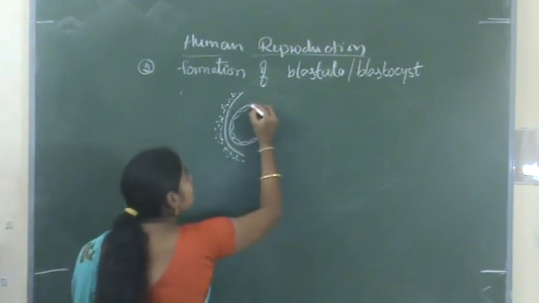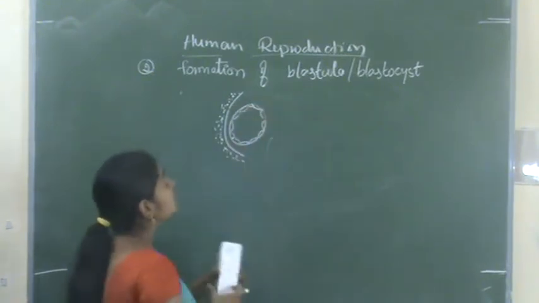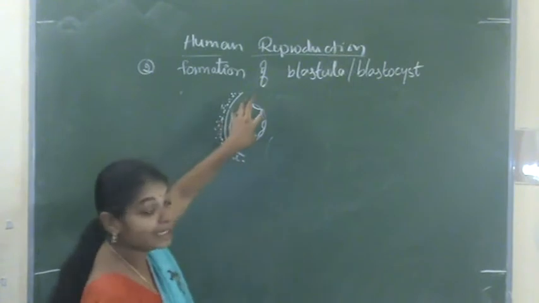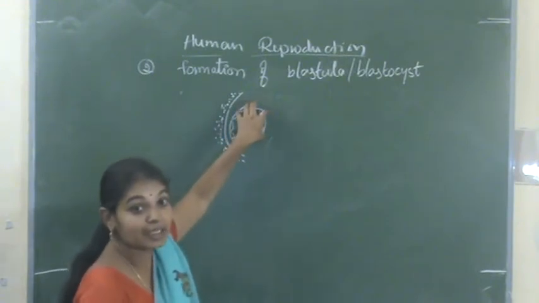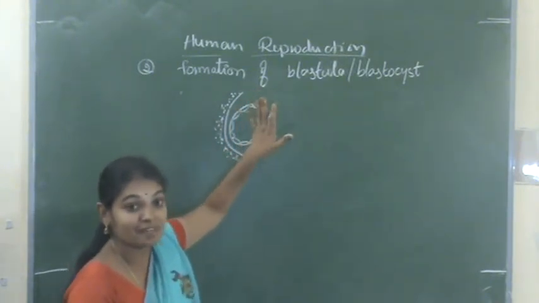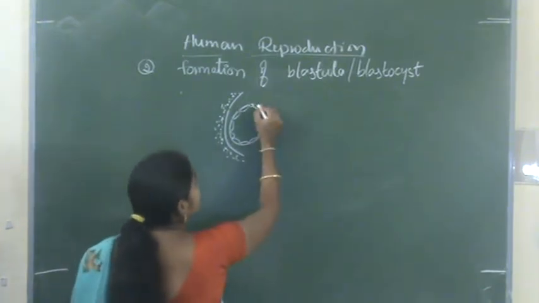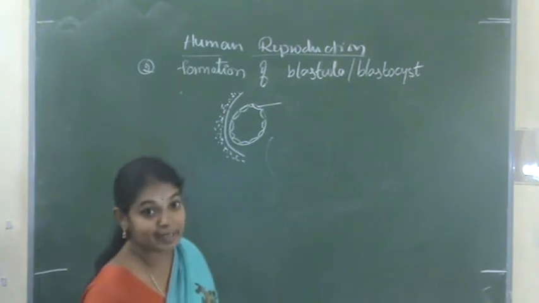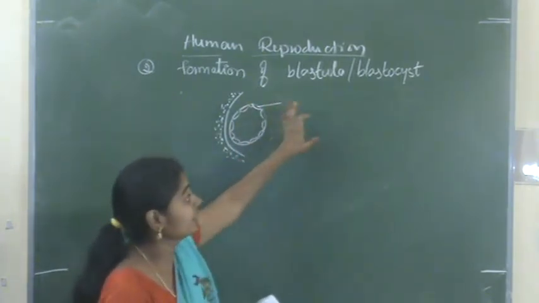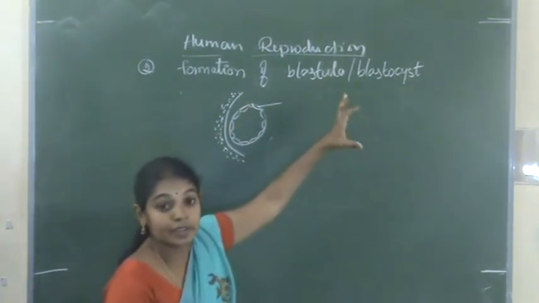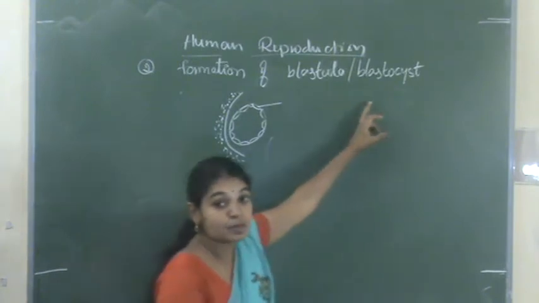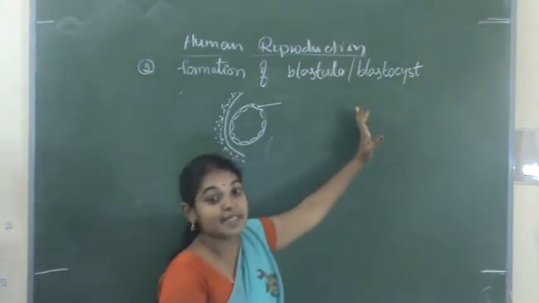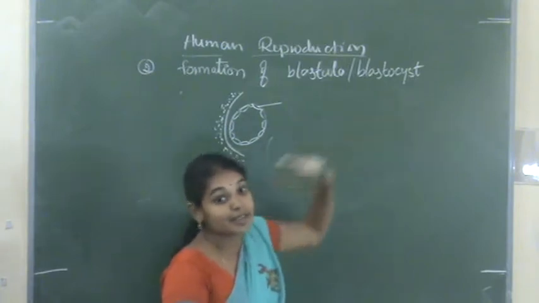Now the outer layer cells are flat cells. In the morula, due to the compaction, the smaller cells are outside and the larger cells are in the center.